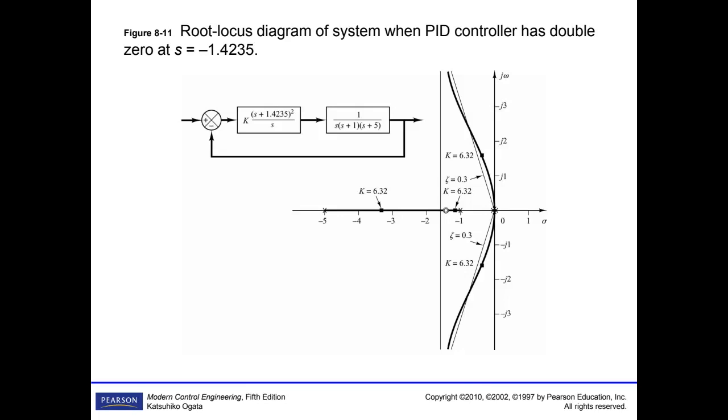So now that double zero, and also we have one pole at minus one, and another pole at minus 5. While we are increasing K, this pole is moving to this zero. Kırmızıyla göstereceğim şimdi.